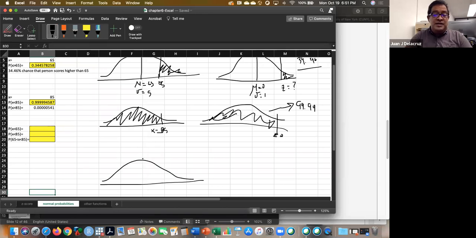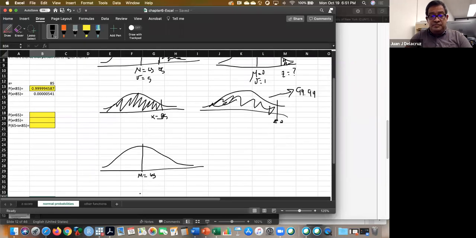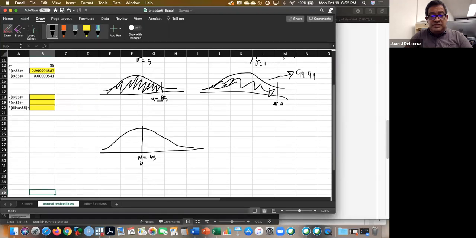Now that looks much better. We have the mean that is equal to 63, and then we have sigma that is equal to 5.